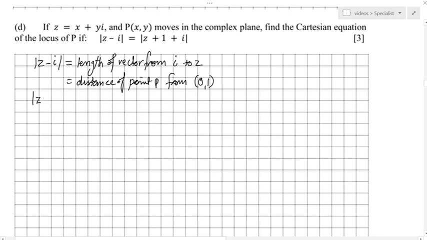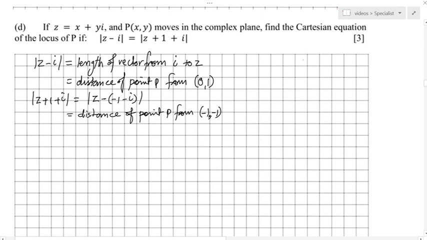And likewise, the other quantity, which you could write as mod z minus (minus 1 minus iota), is equal to the distance of point P from (minus 1, minus 1). And these two distances are equal, which means that your point P moves in such a manner that its distance from (0, 1) is always the same as its distance from (minus 1, minus 1).